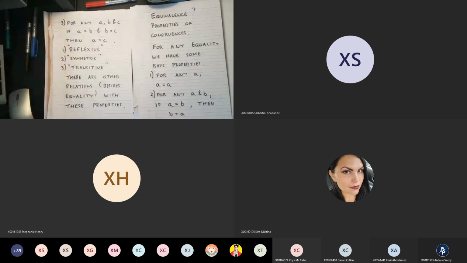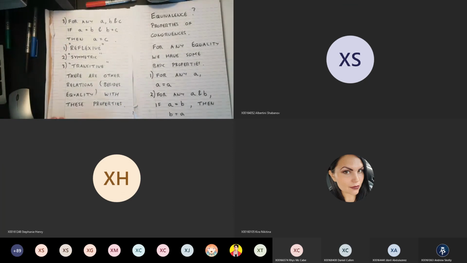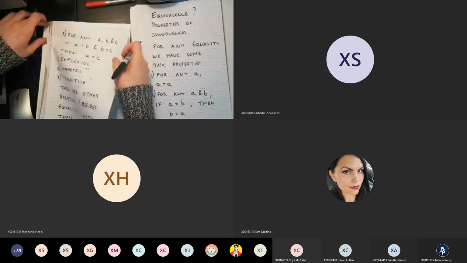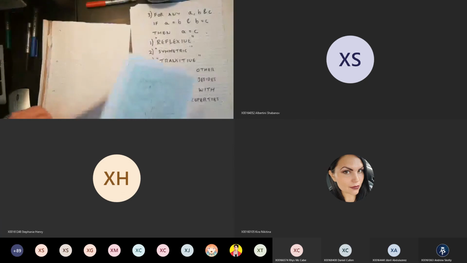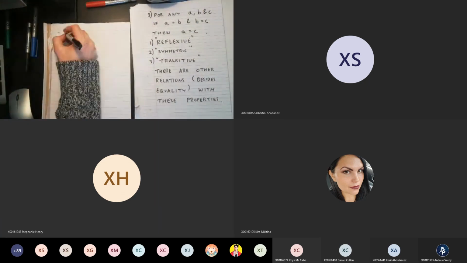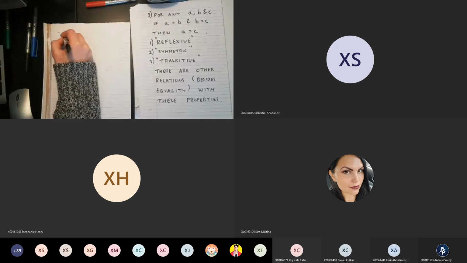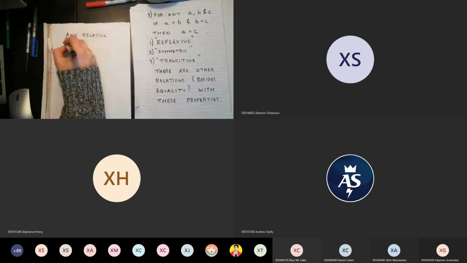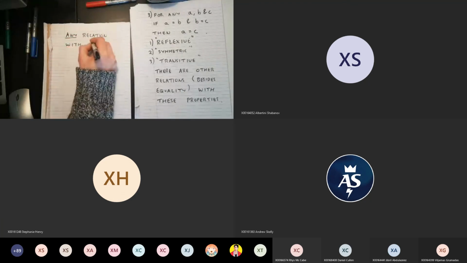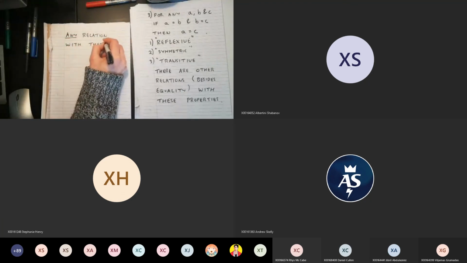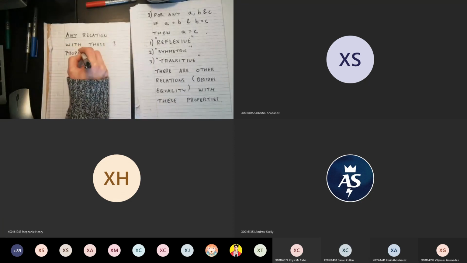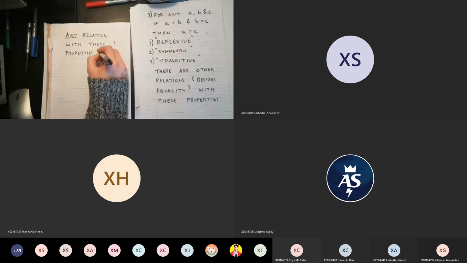And anything that has these three properties we call an equivalence. Any relation with these three properties is an equivalence.